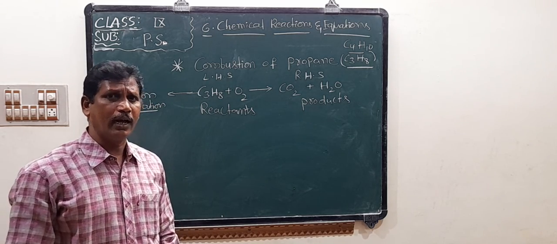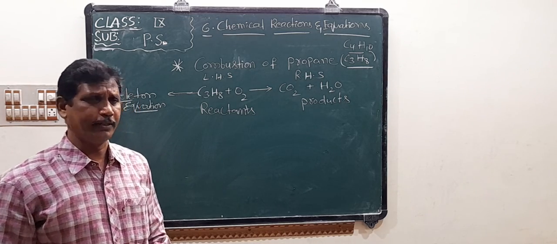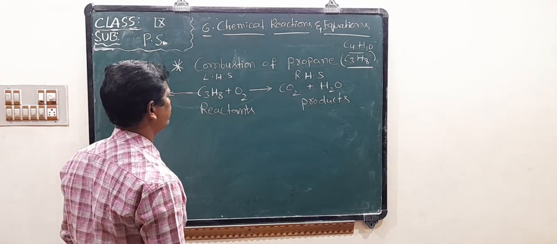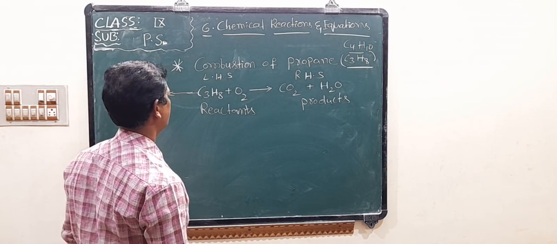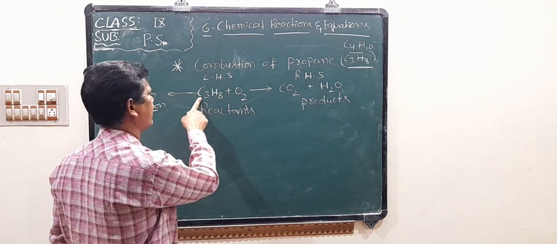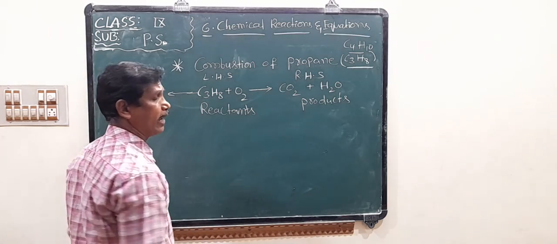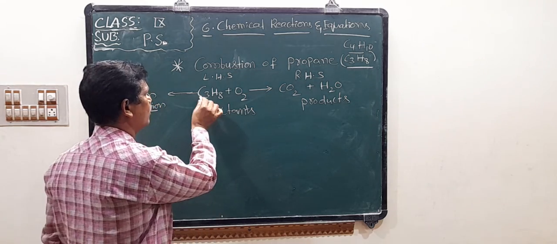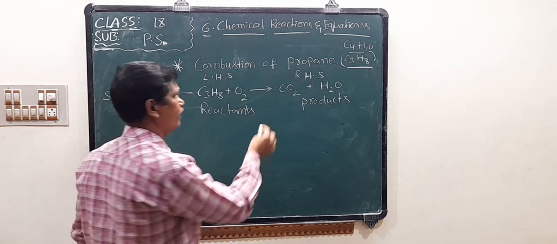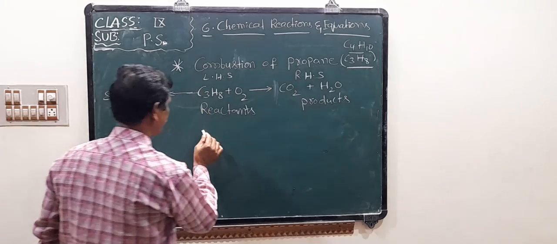Now we balance this chemical equation. There are three carbon atoms on the reactant side, and only one carbon atom on the product side, right hand side. So put 3 as a coefficient before CO2.